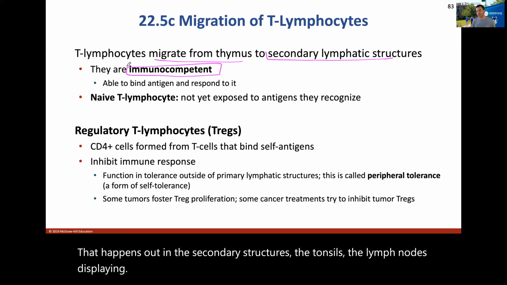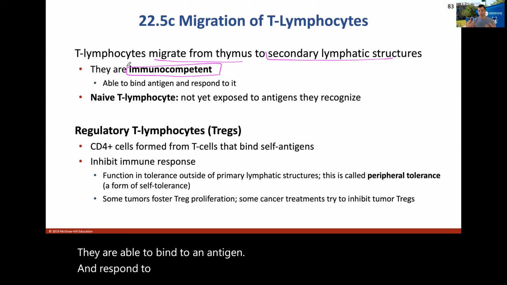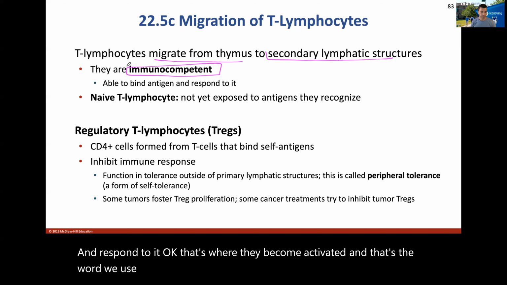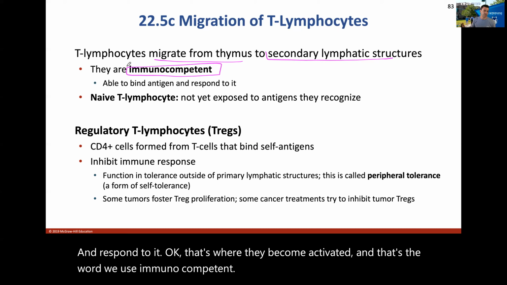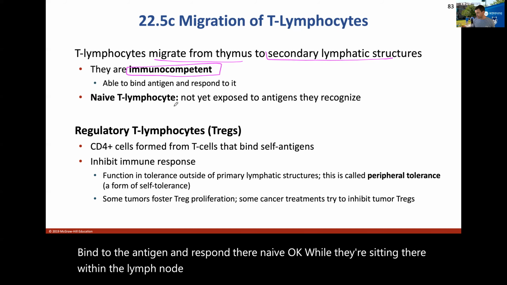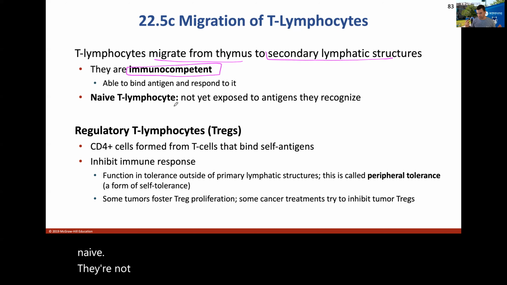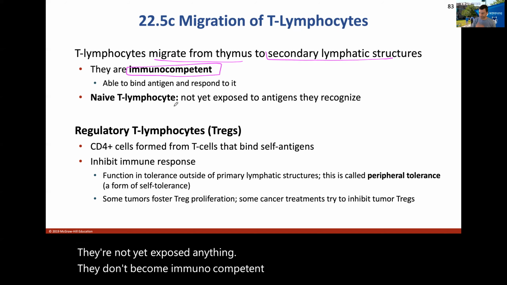They're able to bind to an antigen and respond to it. That's where they become activated, and that's the word we use, immunocompetent. While they're sitting there within the lymph node, the tonsils, the spleen, they are called naive. They're not yet exposed to anything. They don't become immunocompetent until they bind to something.